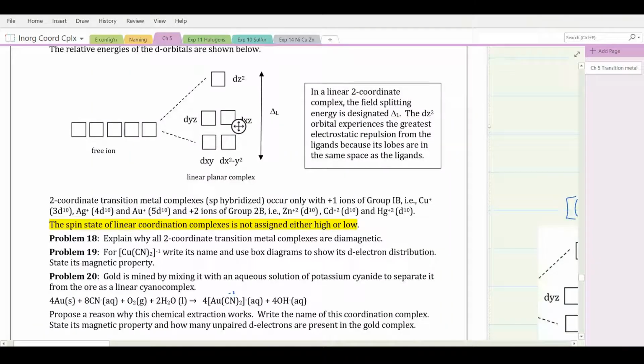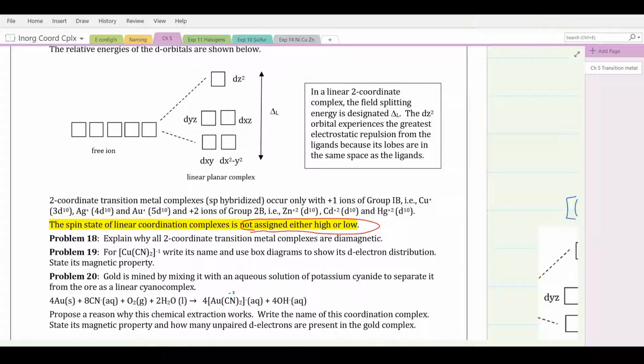So it turns out that transition metals with only 2 ligands only form when the transition metal has 10 electrons in its d orbitals. As a result, high or low spin states are just not assigned. The d orbitals will always be full.